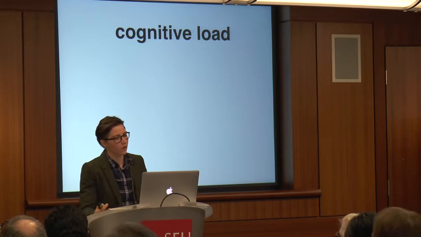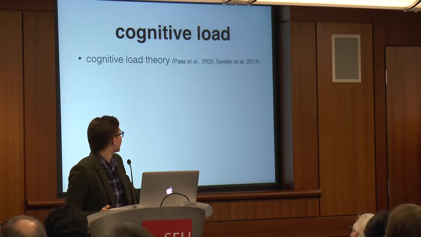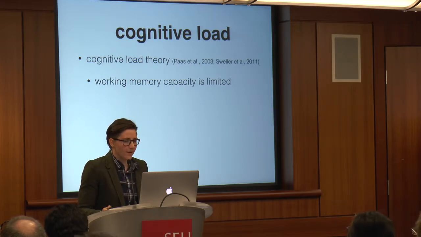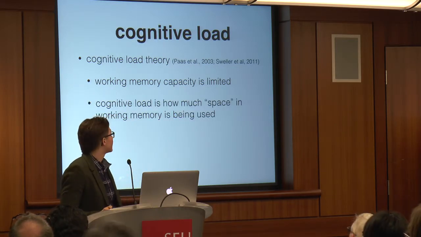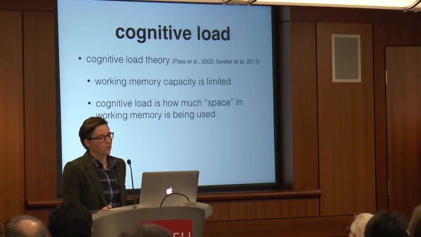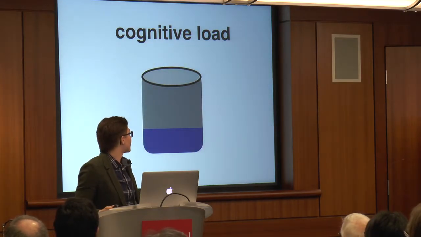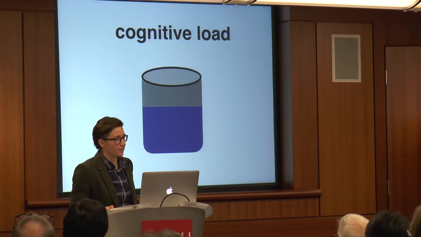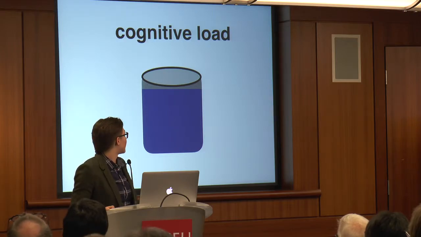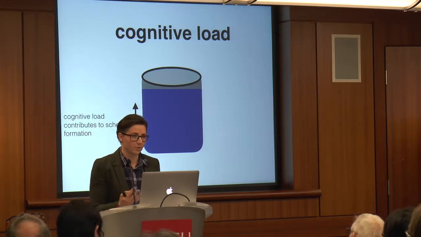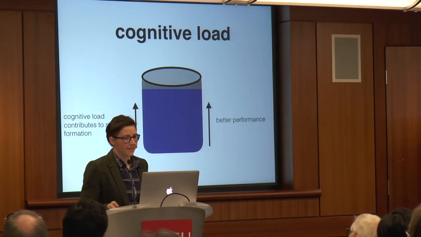In terms of an overview of cognitive load theory, the idea is that working memory capacity is limited, and cognitive load is how much space in working memory is being used. In relation to learning, some research suggests that as you build up cognitive load to a certain degree, if it is contributing to your schema formation, or helping you build a model of that topic, then it can improve performance.